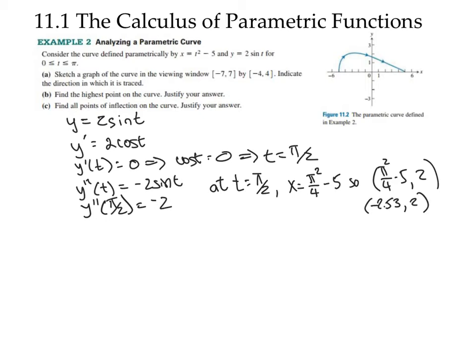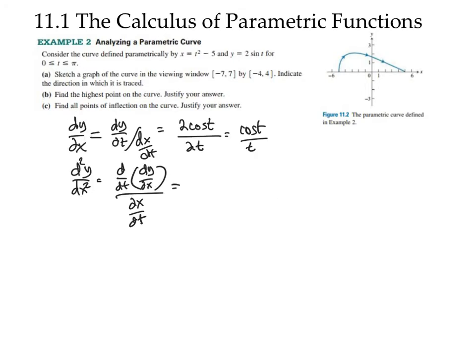In the last part of the question, they want us to get points of inflection on the curve. So we're going to have to find the second derivative of y with respect to x. I'm going to go through the steps here. At this point, I have to get the derivative of dy/dx, which is cos t over t, with respect to t.